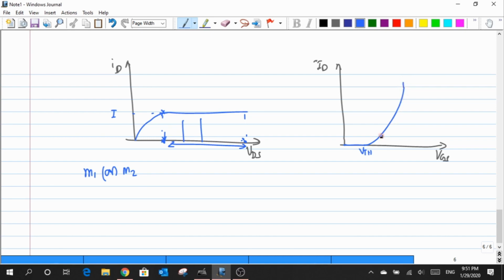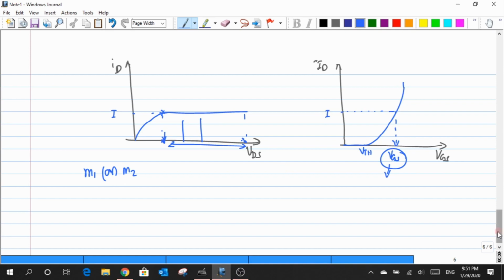Now in this case, if I need the same amount of current, it is pretty clear that this current value would intersect my graph only for a single value of VGS. So I need a particular value to define this current to flow across my transistor.